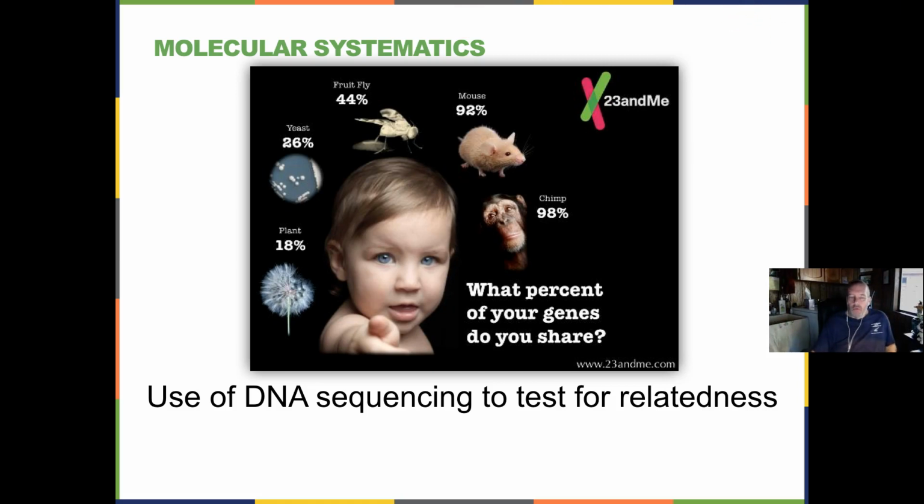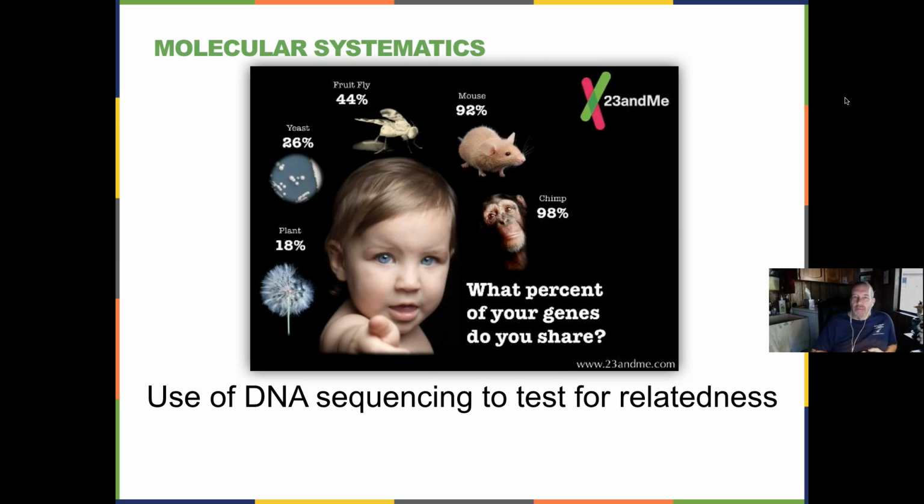We now also, as humans, have the ability, and I think even when I first put this slide up a couple years ago, it wasn't even an option, but now these different genetic testing services, 23andMe, Ancestry, now you can send in a sample and they'll give you a better idea on where your ancestors came from, what part of the world or parts of the world that your ancestors came from.